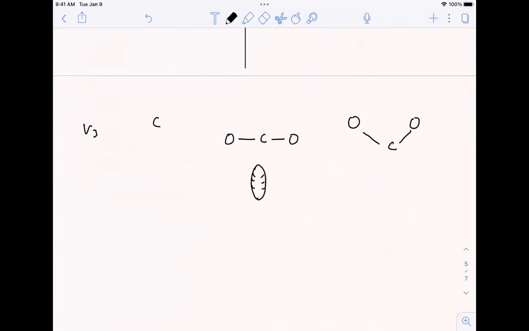It bends like this. Okay, basically like this, like flying. Okay, bending mode. And then this tensor will certainly look different. The tensor ellipsoid will look something like this. Let me make it bigger.